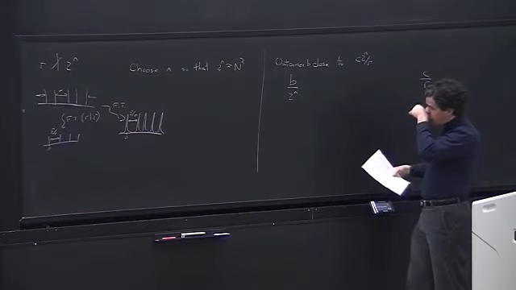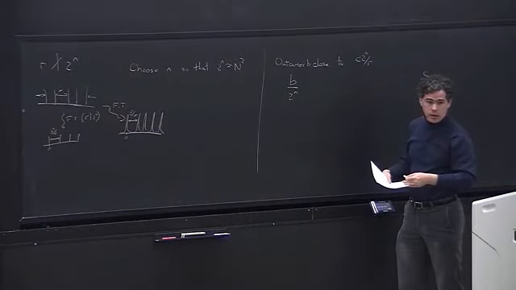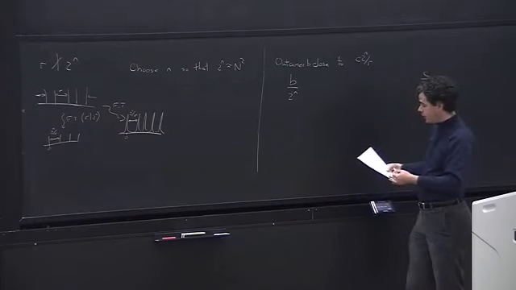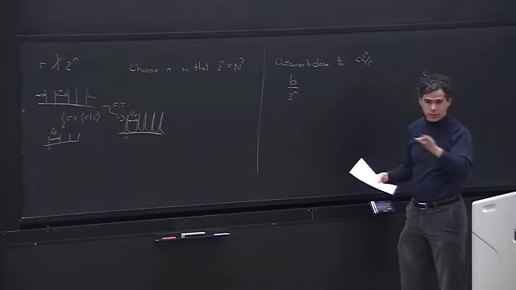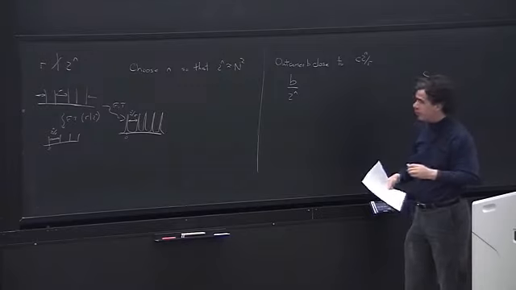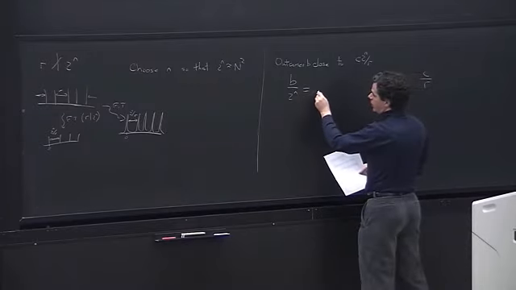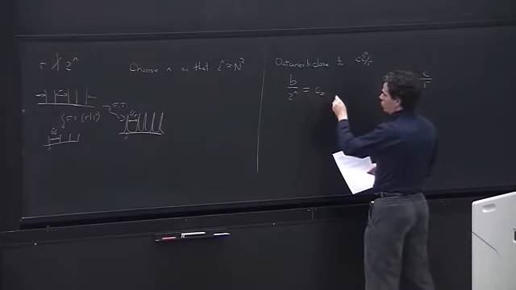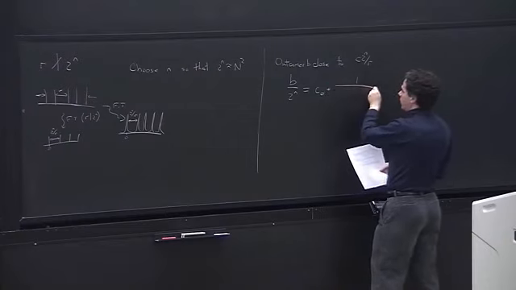So it turns out that the best way to analyze this is using something called continued fractions. I don't know if people have heard of continued fractions before. But the basic idea is a continued fraction is something that looks like this.